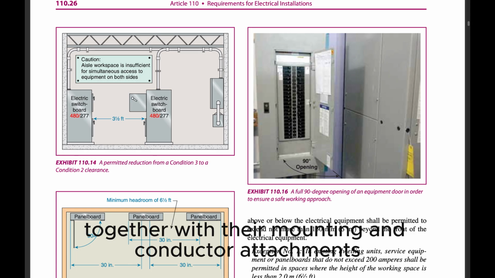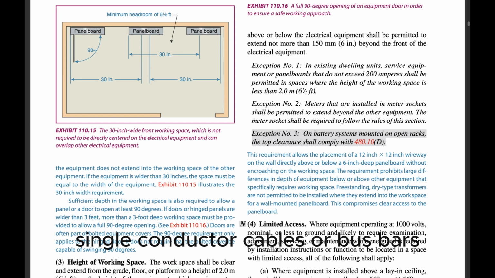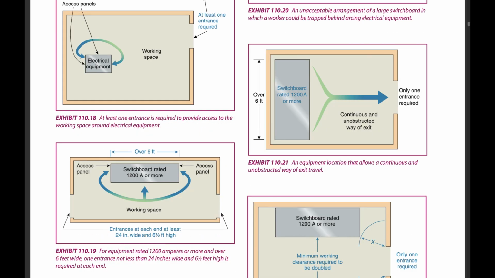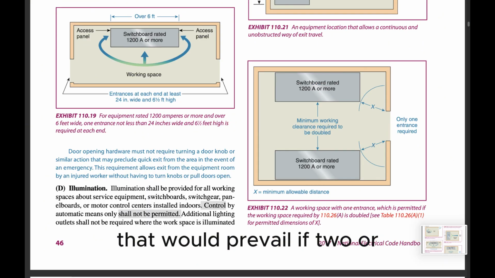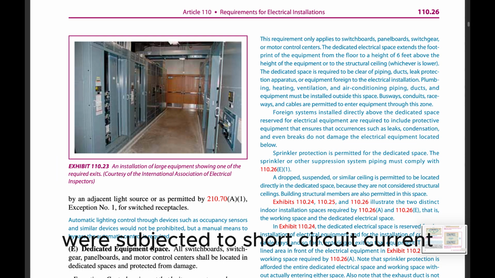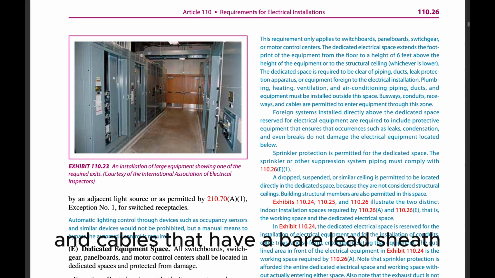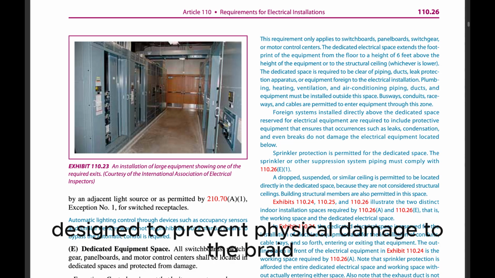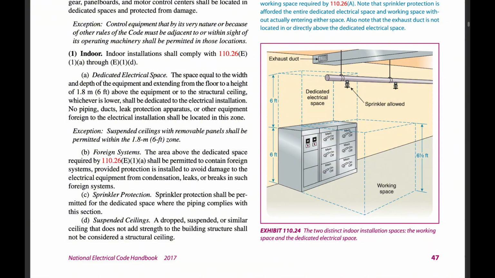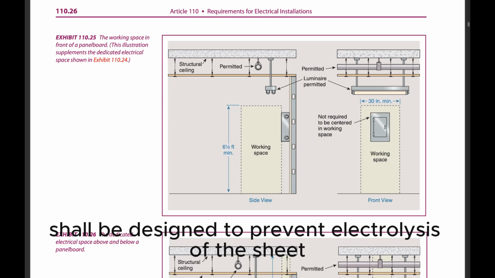Insulators, together with their mounting and conductor attachments, where used as supports for wires, single-conductor cables, or busbars, shall be capable of safely withstanding the maximum magnetic forces that would prevail if two or more conductors of a circuit were subjected to short-circuit current. Exposed runs of insulated wires and cables that have a bare lead sheath or a braided outer covering shall be supported in a manner designed to prevent physical damage to the braid or sheath. Supports for lead-covered cables shall be designed to prevent electrolysis of the sheath.